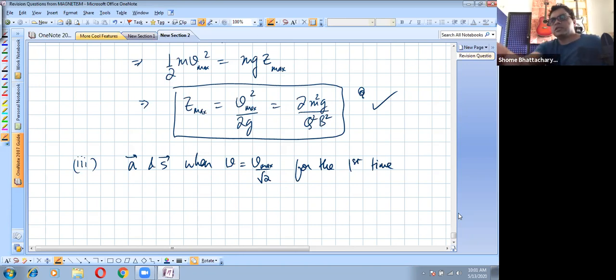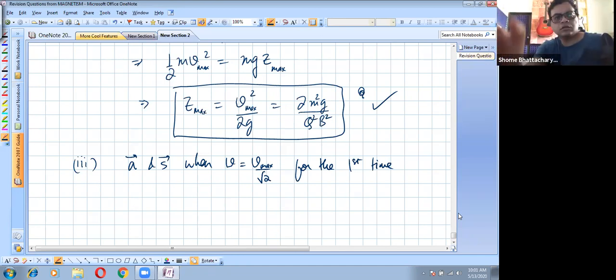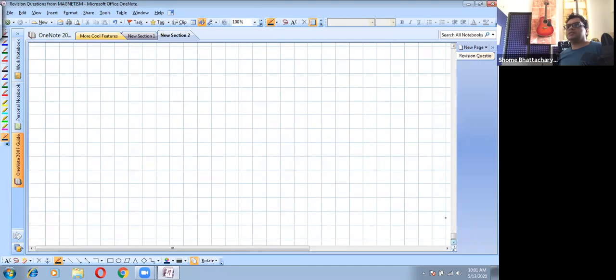All right, so let us, anybody got the answer for this part? So, again, you can understand it with a comparison of cycloidal motion. Just do a comparison with standard cycloidal motion.